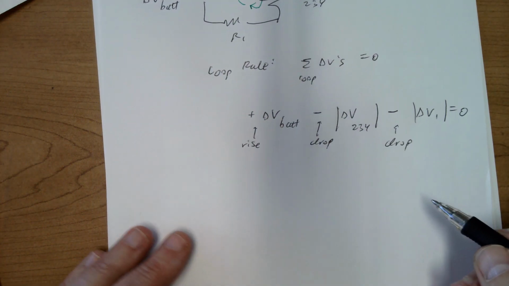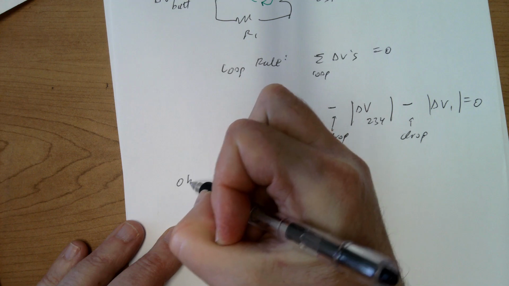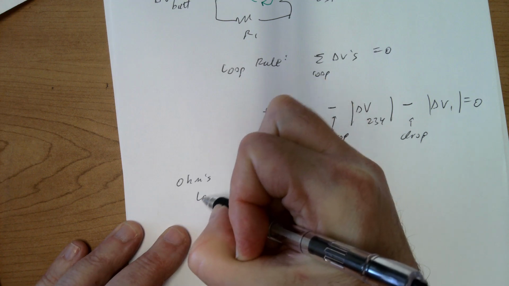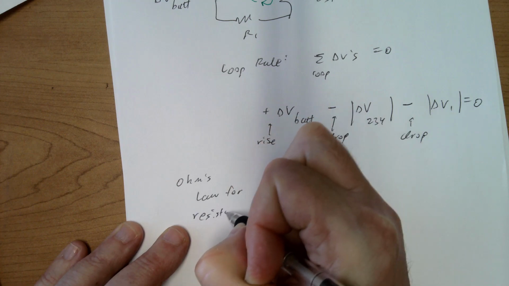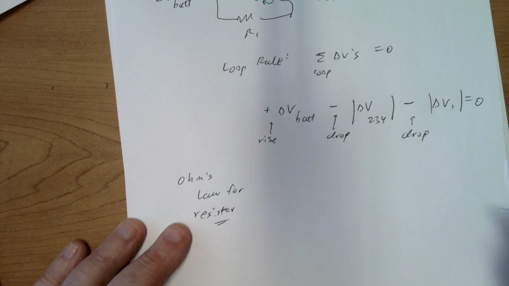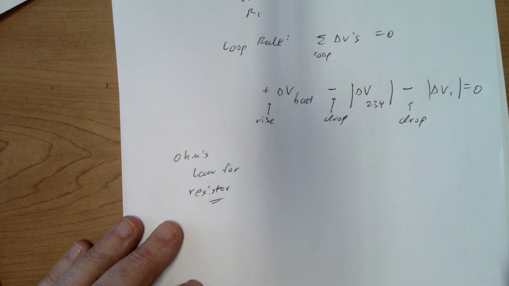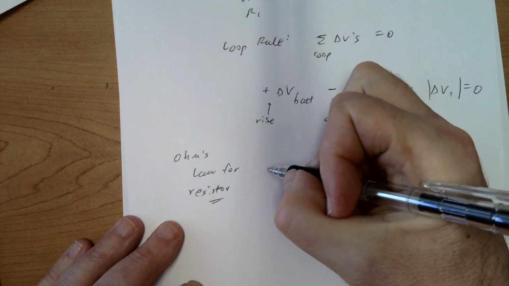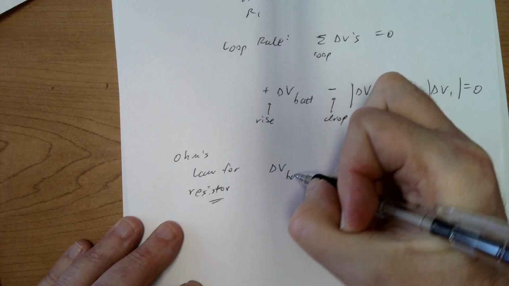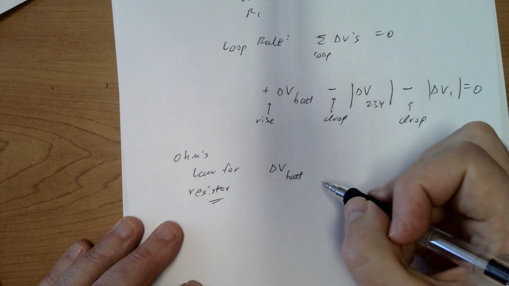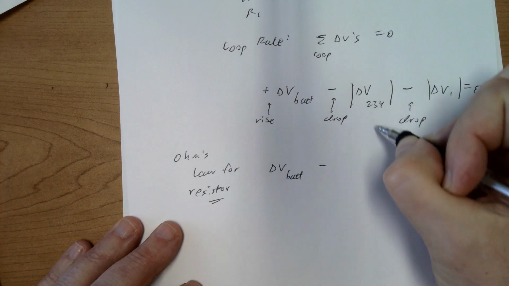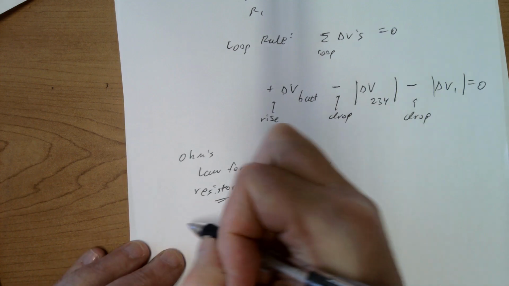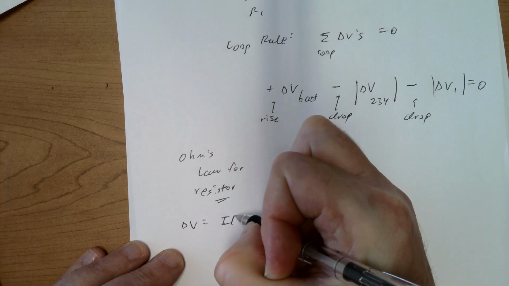Okay. So now I'm going to apply Ohm's law for each resistor. We can use Ohm's law for equivalent resistors, just like we can for real resistors. We're not going to use Ohm's law for a battery, because Ohm's law doesn't work for batteries. So delta V bat is just delta V bat. But for a resistor, I know that delta V is IR.